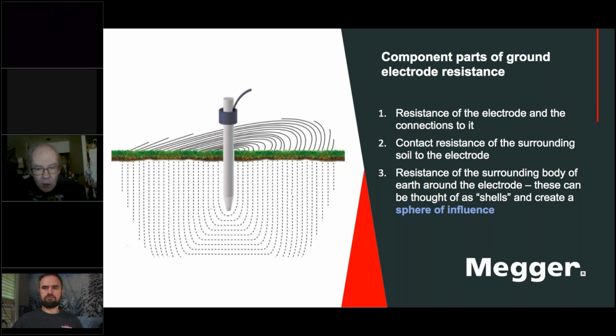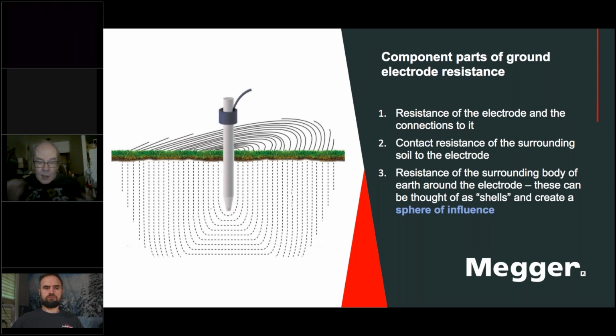All right, now we'll take a look at the components of the passage of fault current to ground and how a grounding electrode operates. Remember, whether it's a single rod like this or whether it's a whole big grid, the idea is that as fault current goes to ground through this device, through the ground rod or whatever, it's going to encounter resistance from the surrounding earth.